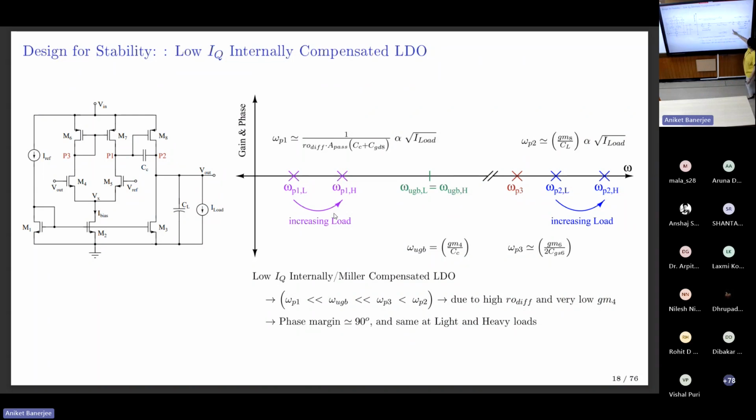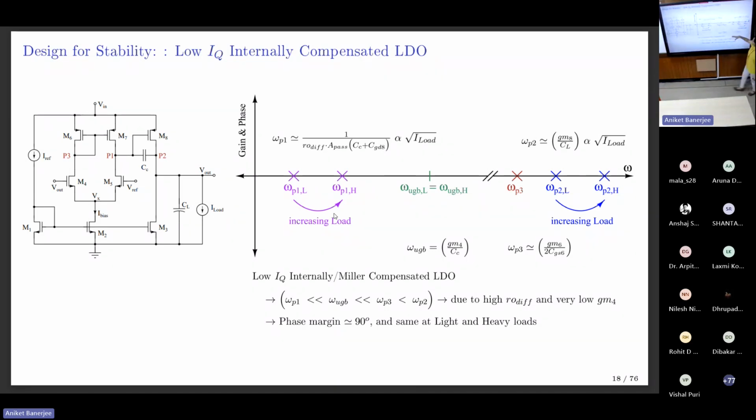So imagine this case, if this one is GM over what? We said that the impedance at that node is 1 over GM, right? So the pole is proportional to GM. If I keep putting the current down and down and down, the GM goes low and low and low, which means this pole starts coming in. And this becomes the non-dominant. So this is the third pole. Dominant pole stays as is, non-dominant pole becomes the middle pole, and this one becomes the third pole.